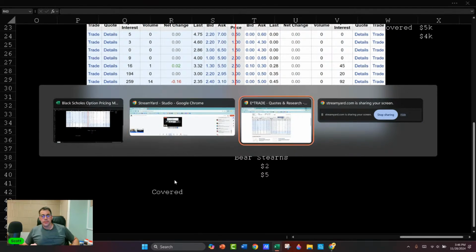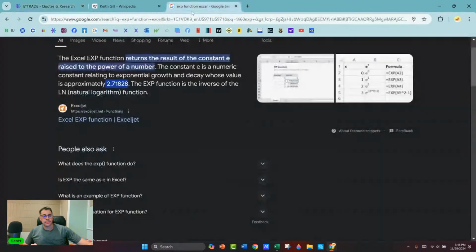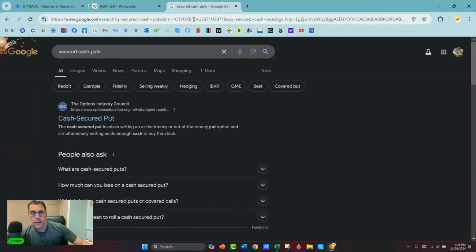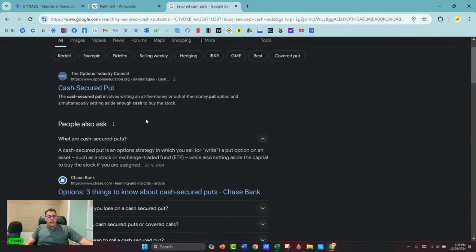Secured cash puts. Am I right? Is that just owning the stock while selling put options? A cash secured put is an option strategy in which you sell a put option on an asset while also setting aside the capital to buy the stock if you're assigned.